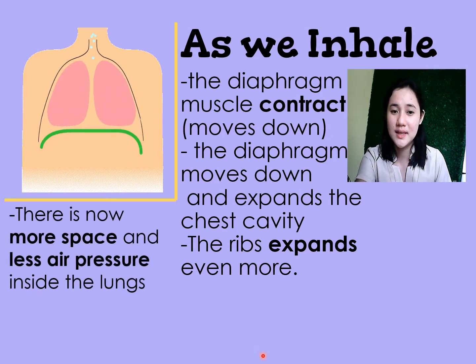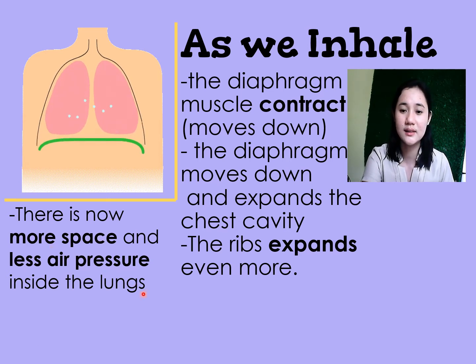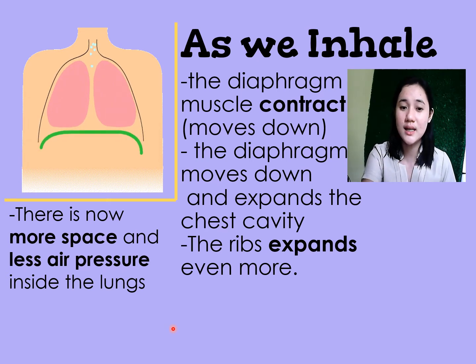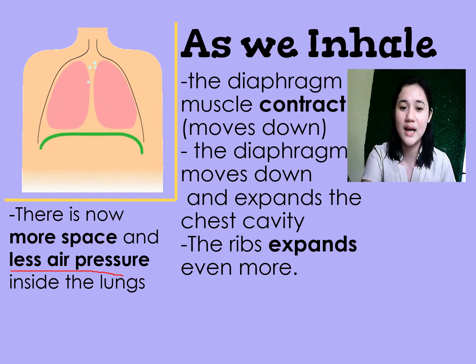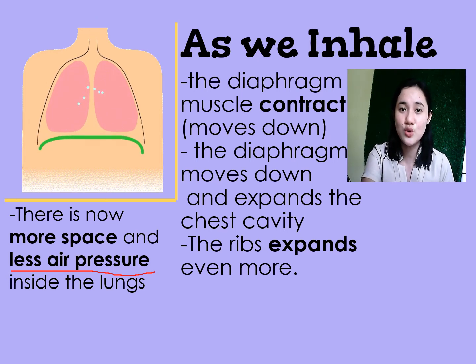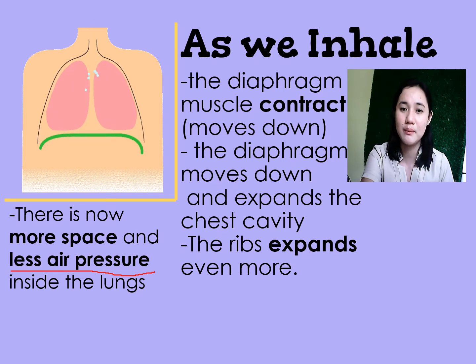So, since there is now more space inside the lungs, because we inhaled, the space inside the lungs increased, that means there is less pressure inside the lungs. Okay? Because when the space inside is big, the lungs experience less pressure. Okay? Remember that.